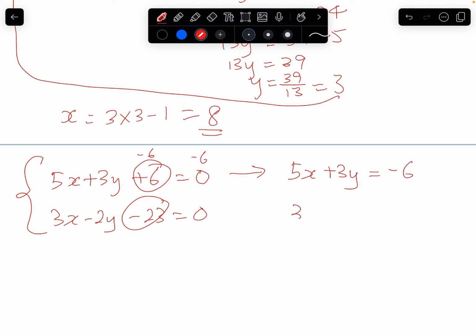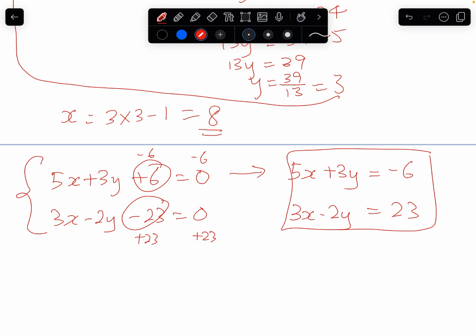And the same thing for this, I'm going to get 3x minus 2y. If I add 23, I'm going to add 23 here as well. Now this rings a bell because I could possibly use the elimination.